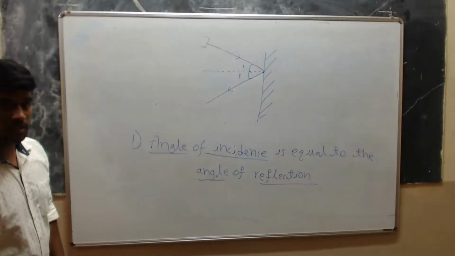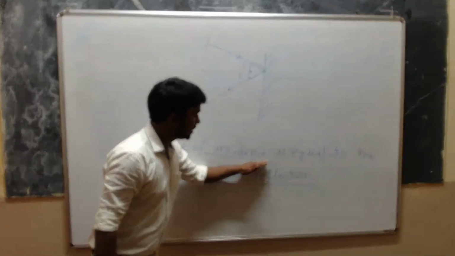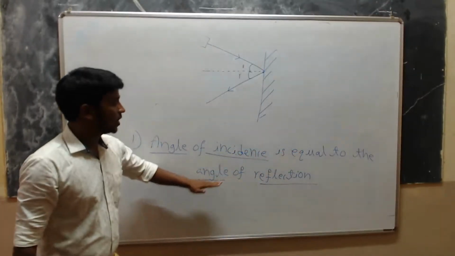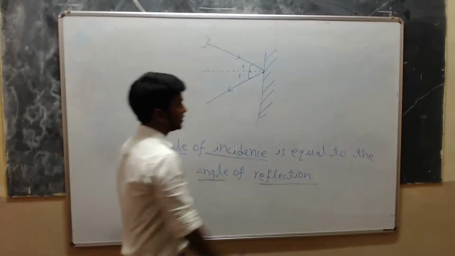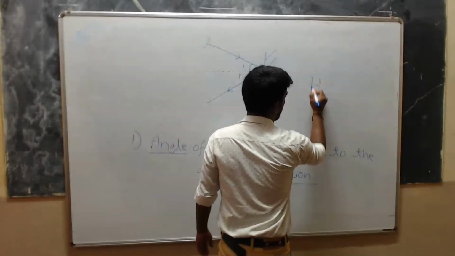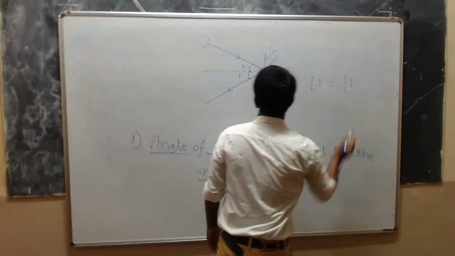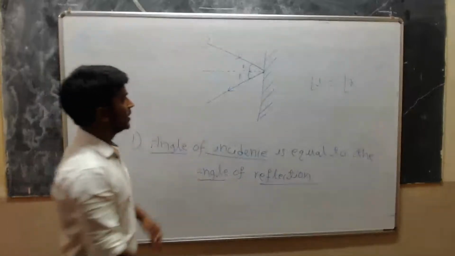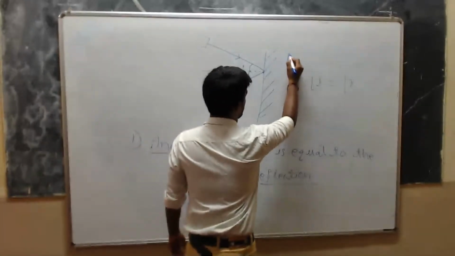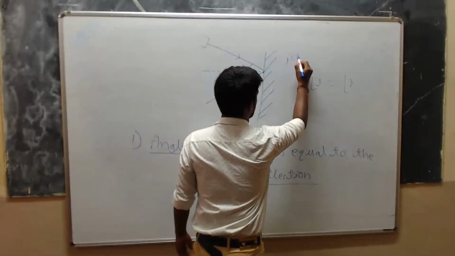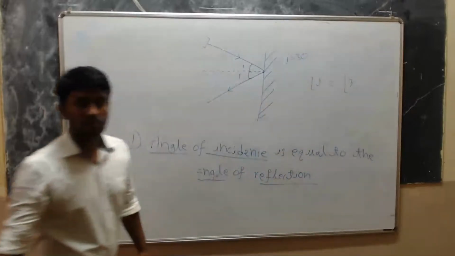What is the first statement here? The angle of incidence is equal to the angle of reflection, which means angle i is equal to angle r. Suppose I am passing a ray of light at an angle of incidence of 30 degrees. Then what is the angle of reflection?